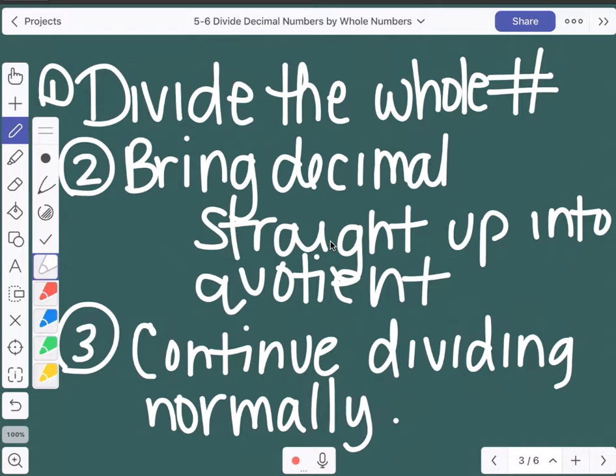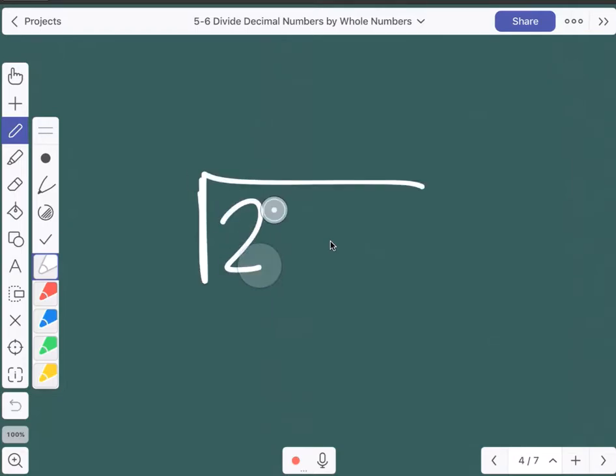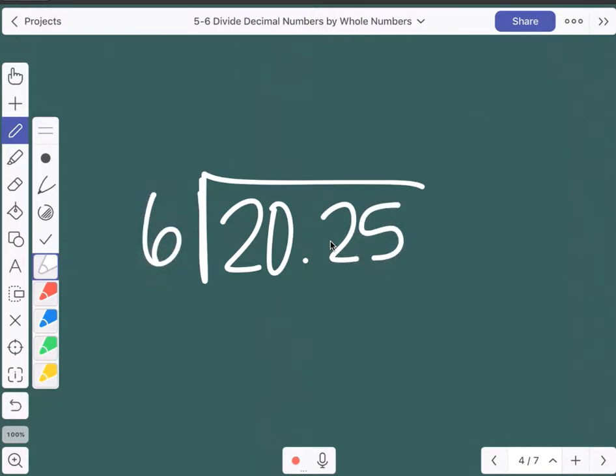Side note, you can bring up that decimal straight away at the beginning. Meaning, I could immediately put the decimal right up there and then work with the whole number. 6 goes into 20 3 times, and that's 18. And then I bring down, right?